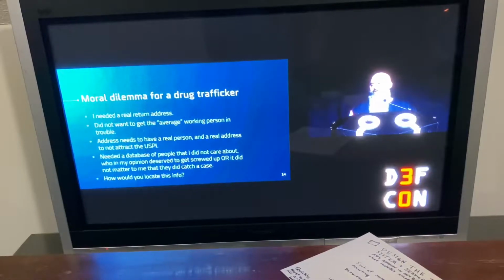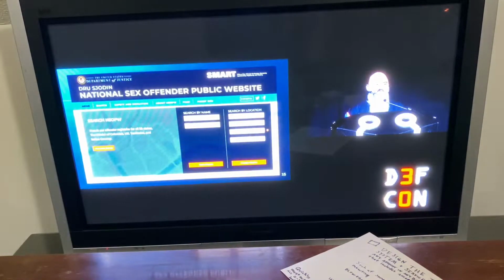I searched for it, and I tried to figure out what that database would be, how it would look, and how I would be able to access it. And the only solution that I could come up with was this. Pwned.